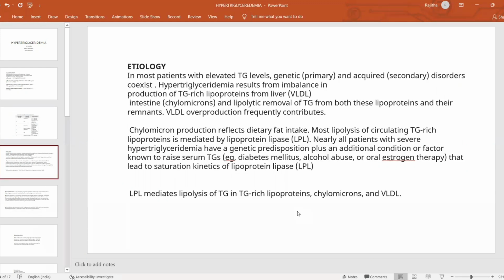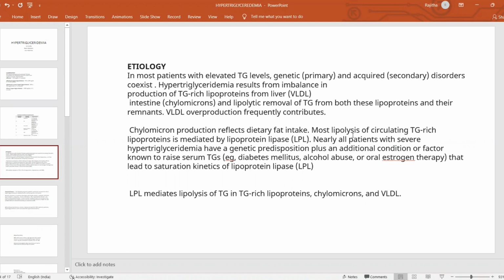The next is etiology. The first thing we have to talk about is etiology in this disorder. In most patients with elevated triglyceride levels, we have both primary and secondary disorders coexisting. It's not just one thing that is present in these patients. It's a combination of both primary and secondary, that is, genetic and acquired causes.